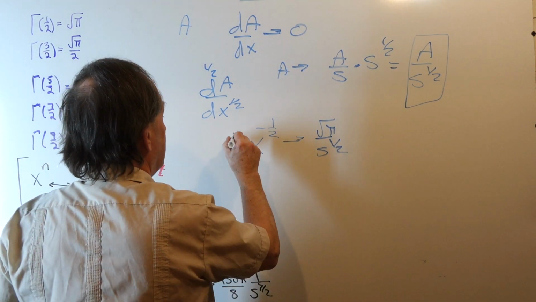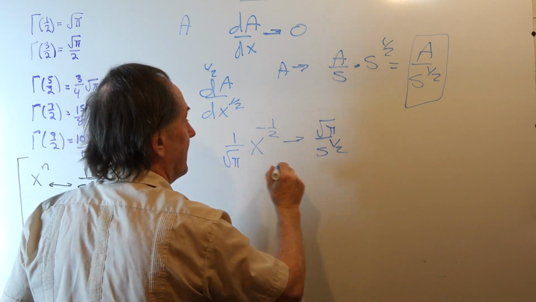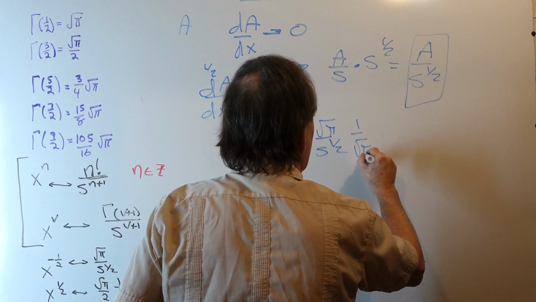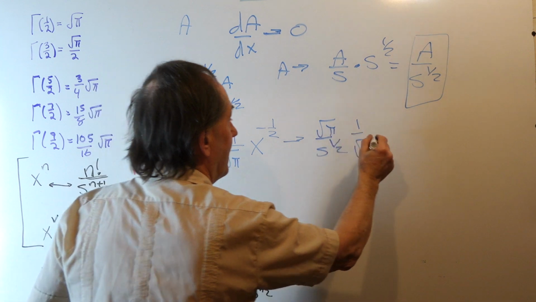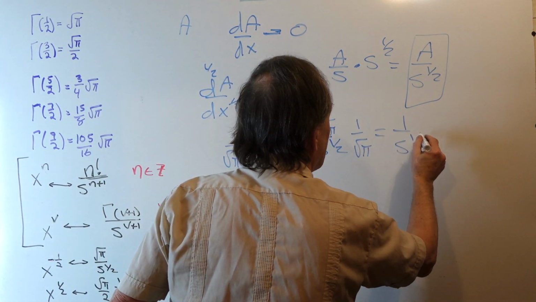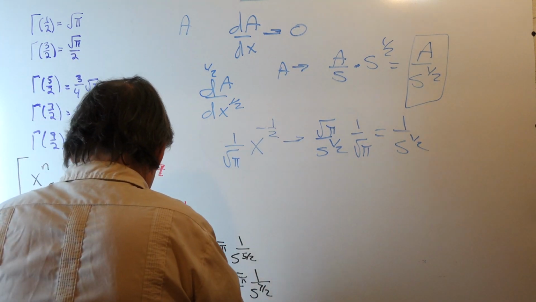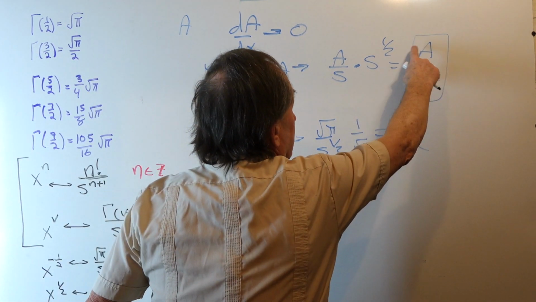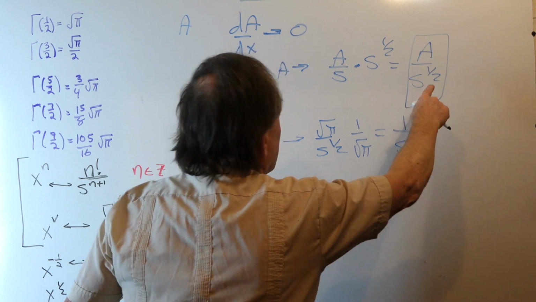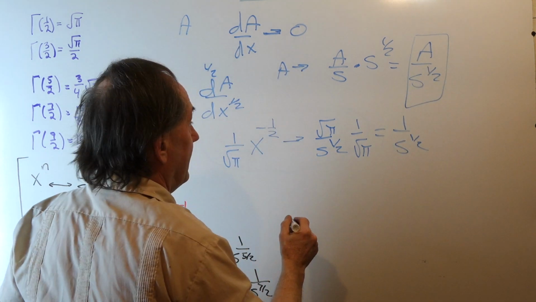So if I divide each side by square root of pi, this becomes 1 over s to the 1/2. Well, we're almost there. We have in the transform space a over s to the 1/2.